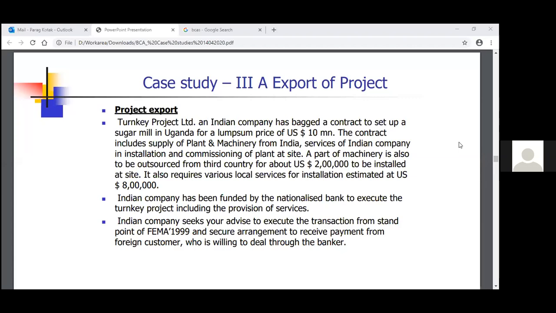I've picked up this case study only to show how different situations of transactions between a resident and non-resident, or between two residents, are real-life situations which cannot be encompassed by a set of provisions either of branch outside India or of export of goods and services outside India. And therefore, a third avenue has been created by the Reserve Bank of India to address such situations.